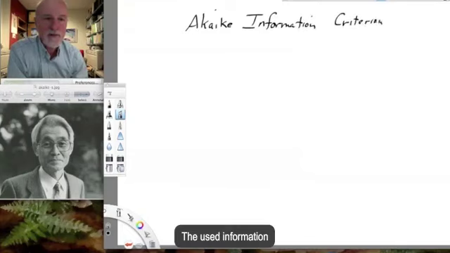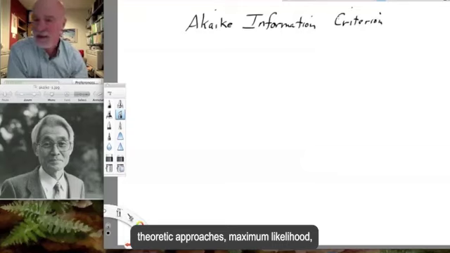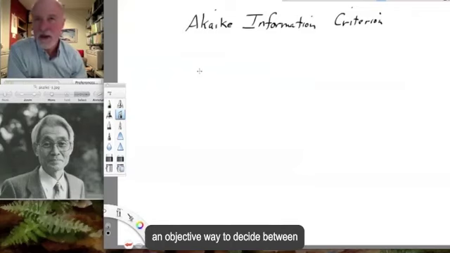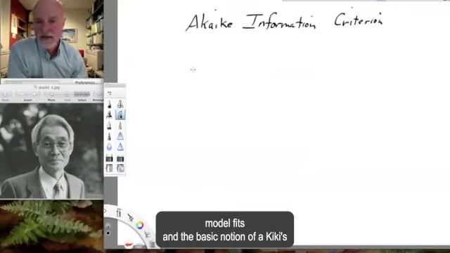And he used information theoretic approaches, maximum likelihood, and Bayesian approaches to try to come up with an objective way to decide between model fits.